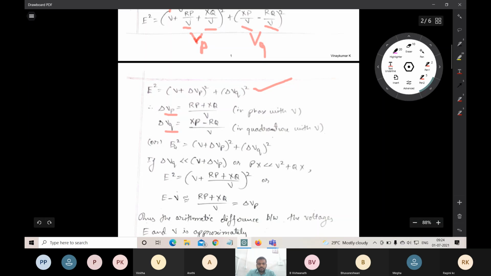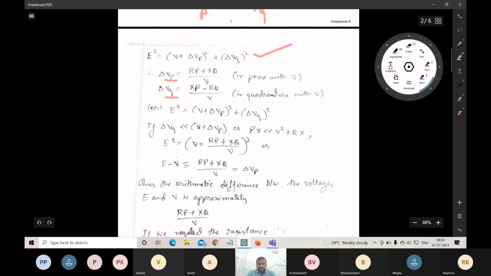So E square is equal to V plus delta Vp whole square plus delta VQ whole square. So what is the next thing? Here we are going to consider two cases.